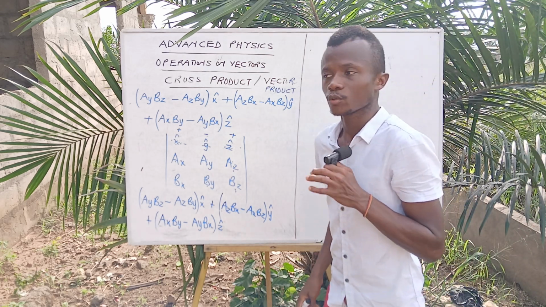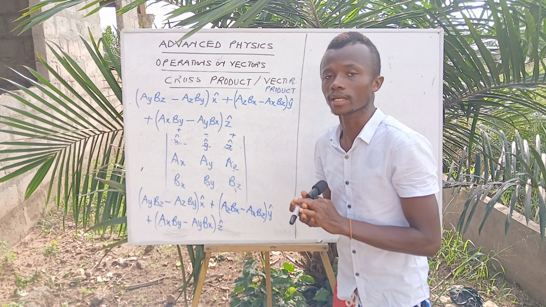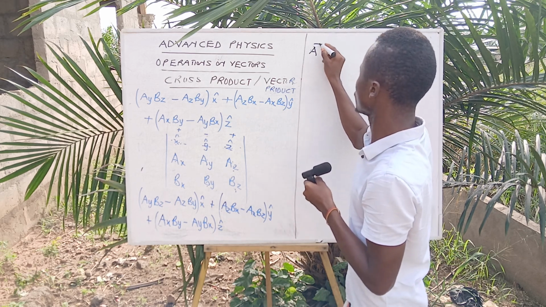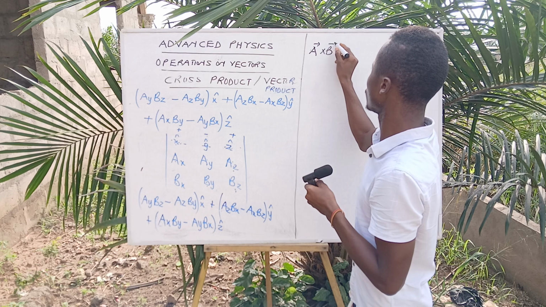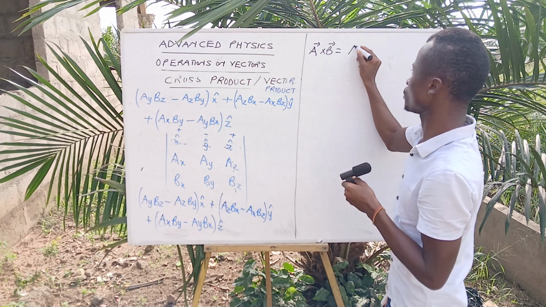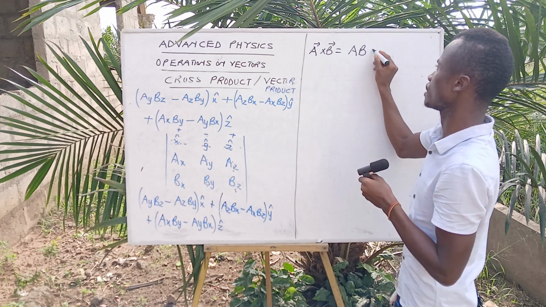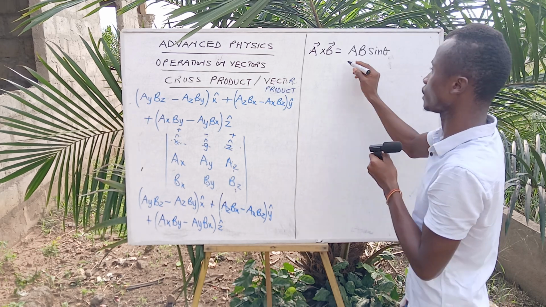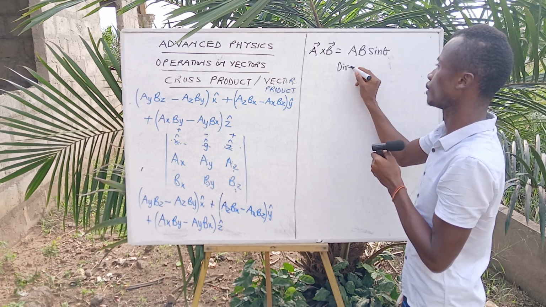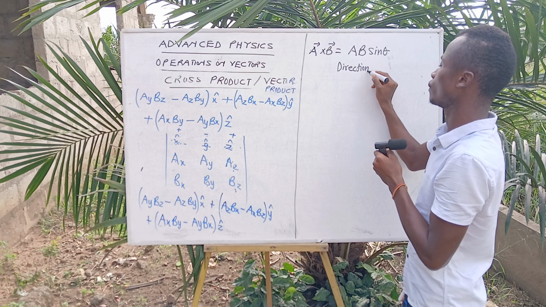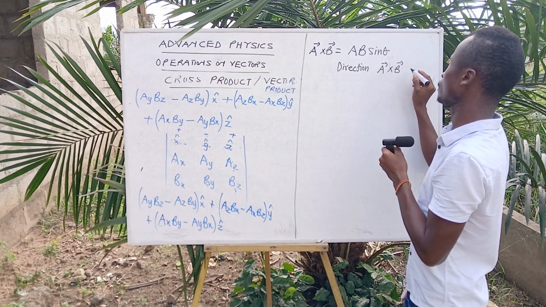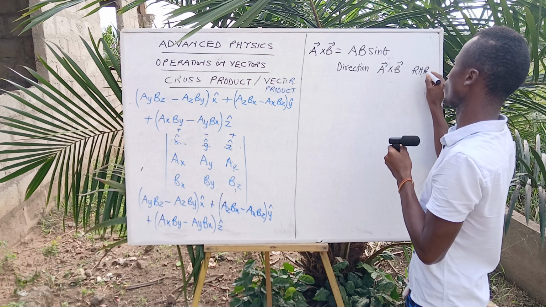Now, given two vectors and the angle between them, the cross product can also be defined as a cross b is equal to the magnitude of a times the magnitude of b, times the sine of the angle between them. The direction of a cross b is given by the right hand rule.